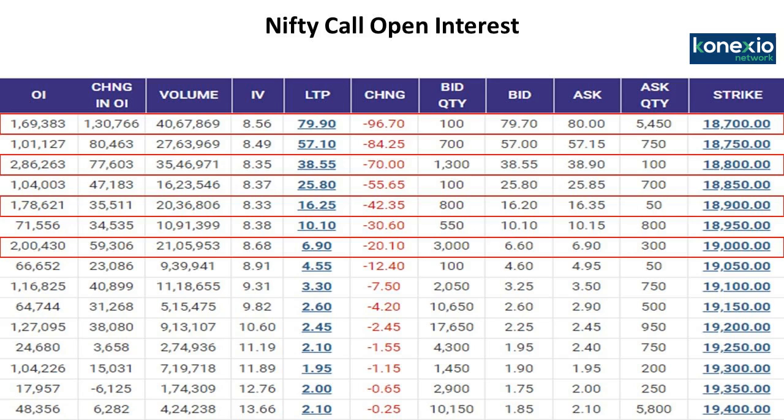So at least for the time being, we might see Nifty moving in a broad range. The broad range could be 18,800 on the upside, because most of the volume concentration is seen in 18,700. If that is breached, then it might test the levels of 18,800 on the upside and might consolidate.